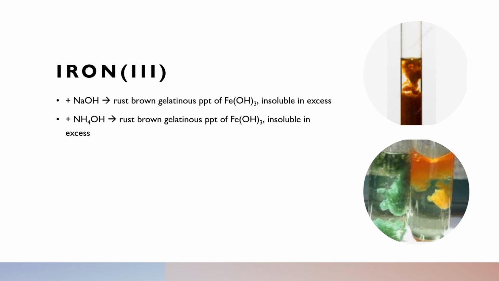For iron 3 ion, Fe3+, the color is brown, insoluble in excess NaOH and insoluble in excess NH4OH. When we have Fe3+ ion, we add either NaOH or NH4OH, the same.